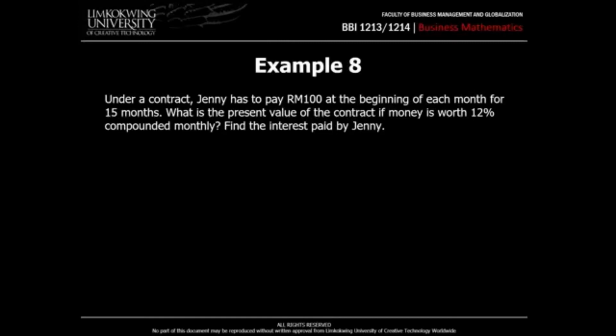Okay, alright, again. Actually, a bit tricky question. Under a contract, Jenny has to pay 100 at the beginning of each month. So if you draw the timeline, beginning of each month means that they are not paying at the end of each month. So they pay at the beginning of the month. So 0, 1. So the 100 starts here.